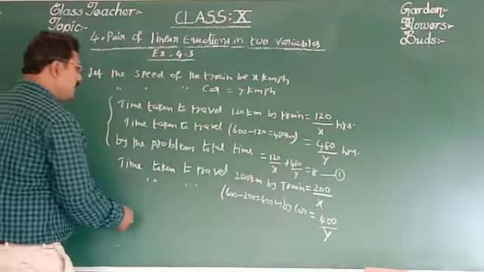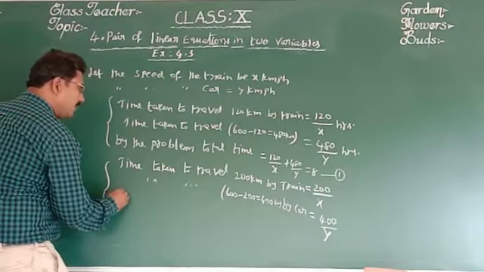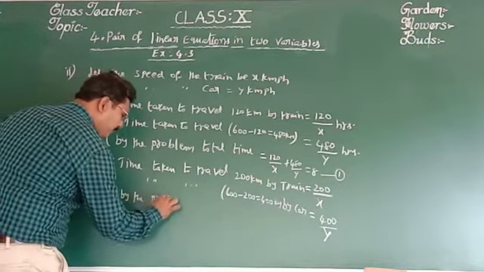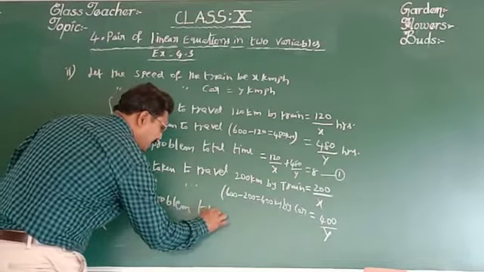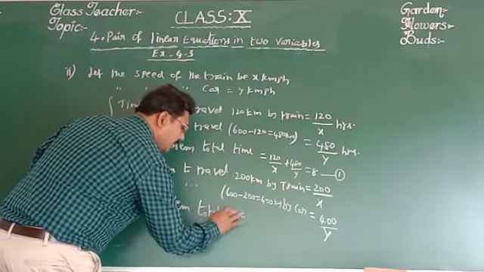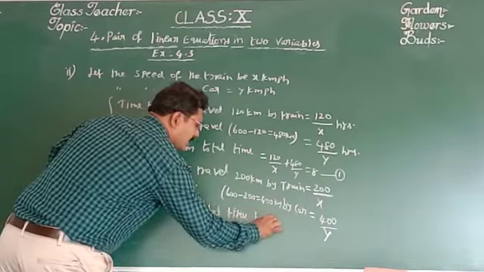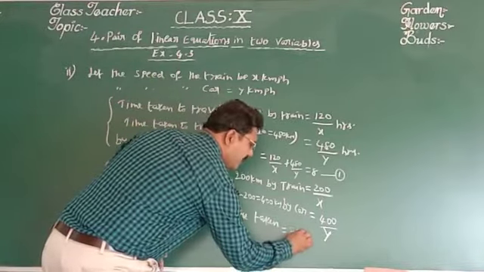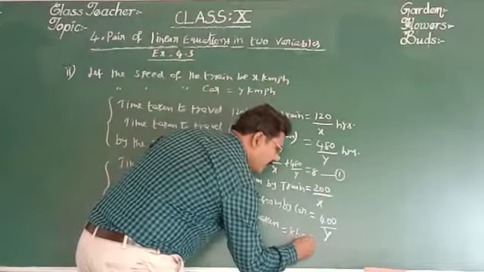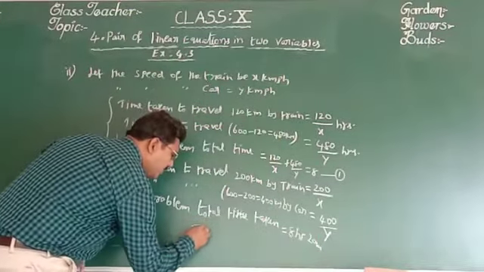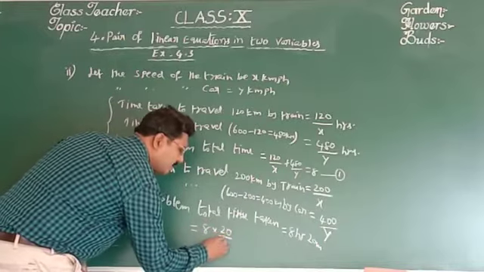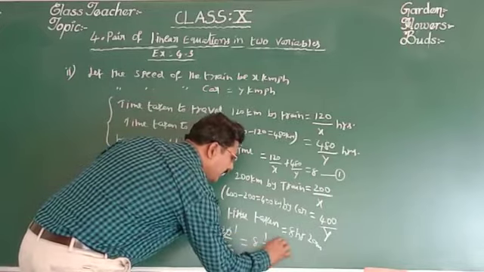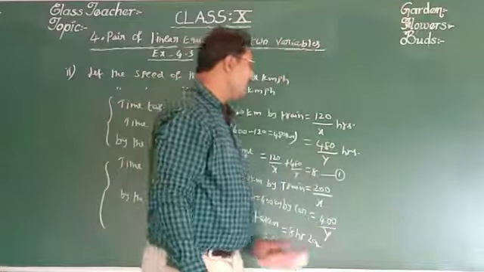So 8 hours 20 minutes means 8 plus 20 by 60, which is 8 1 by 3 hours.